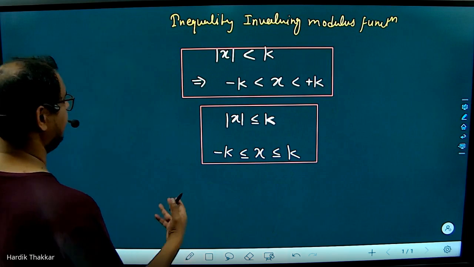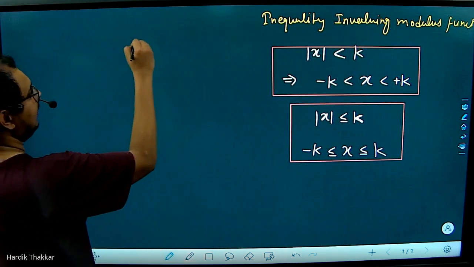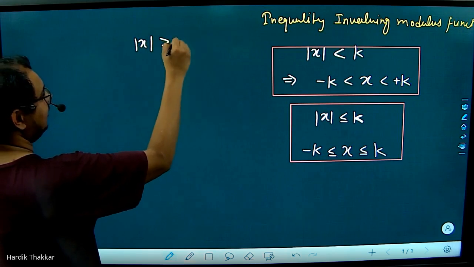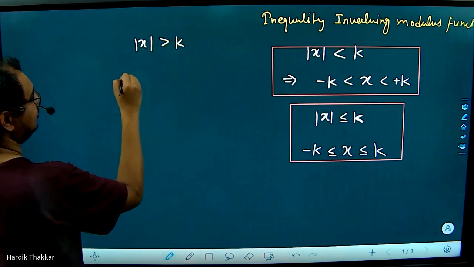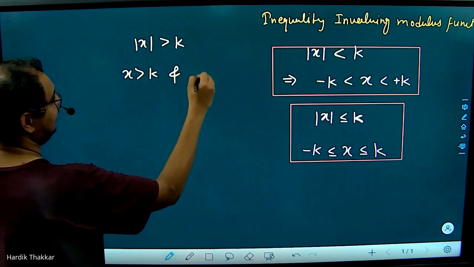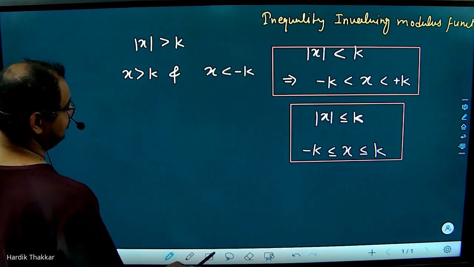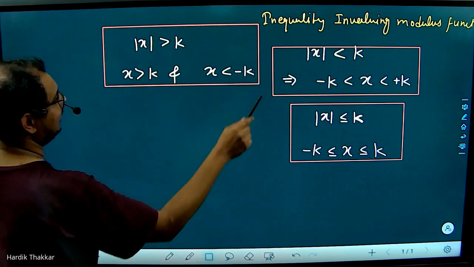Now suppose if we have modulus function like this, mod x greater than k, it means x is greater than k and x is less than minus k. So we will break the inequality in this way.